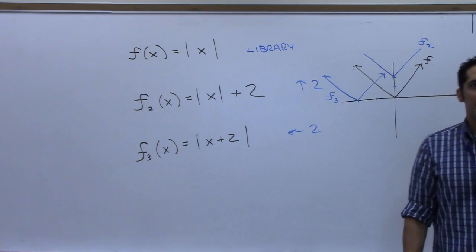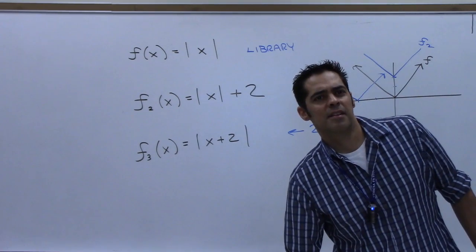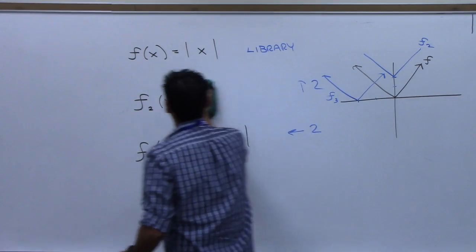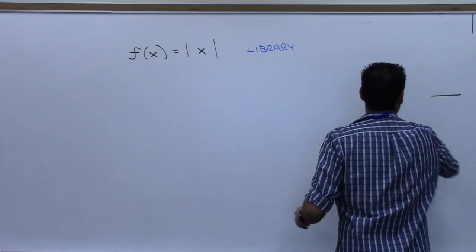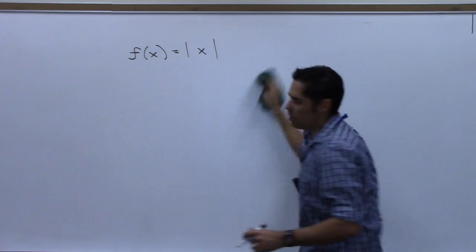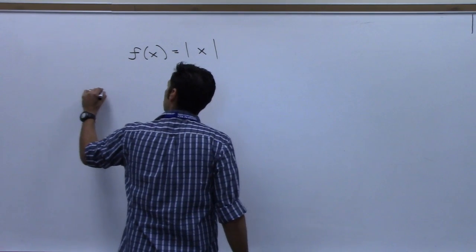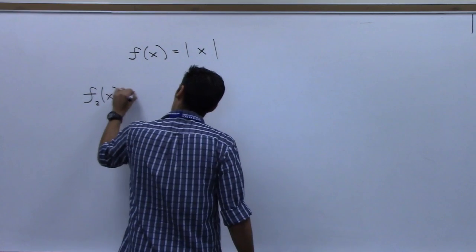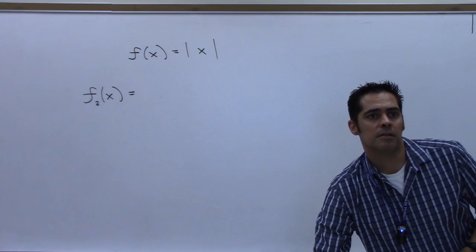All right, now we have what's called stretching and compressing. So this gets a little weird, so let me do this with an example. Let's just stick with this one. This is our library function, and we're going to compare a couple. First, I'm going to say f sub 2 of x. We're going to multiply by a number in front.